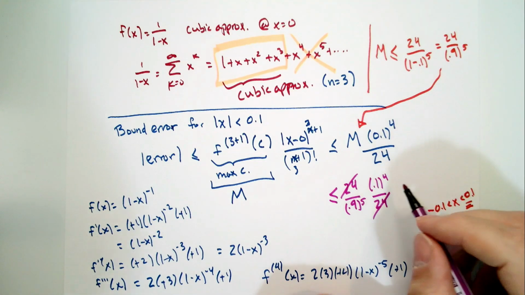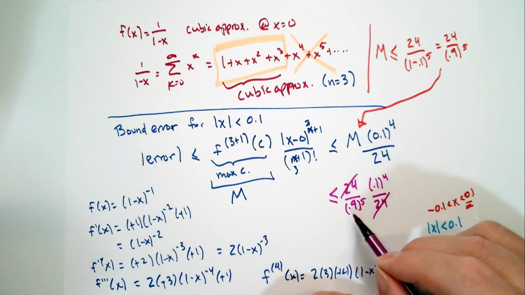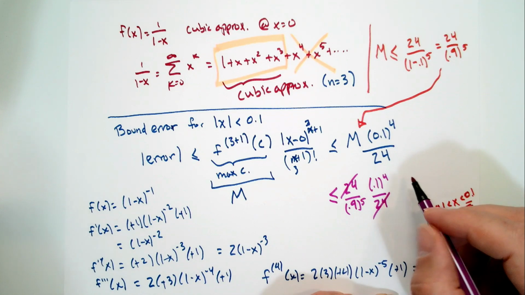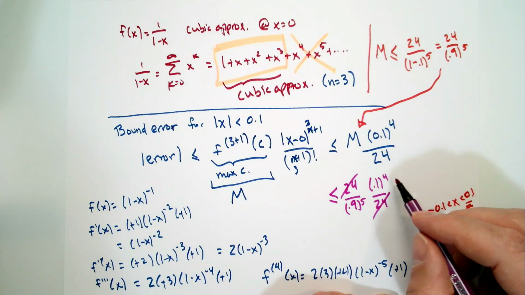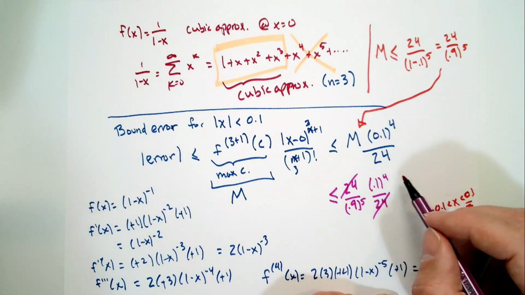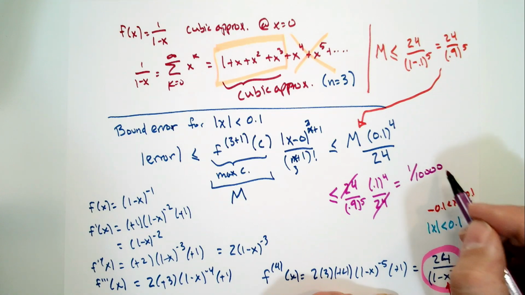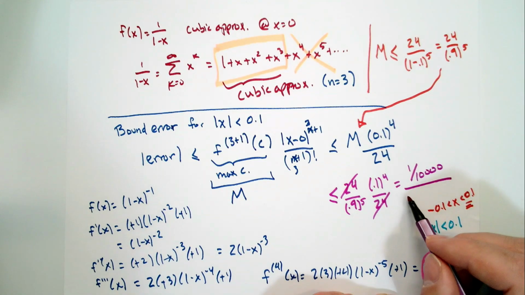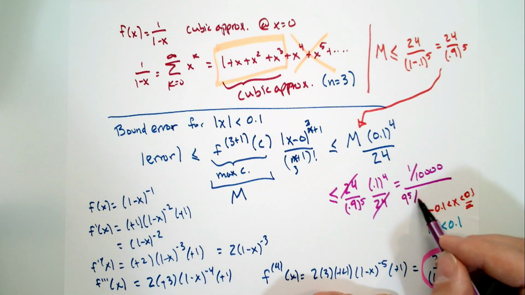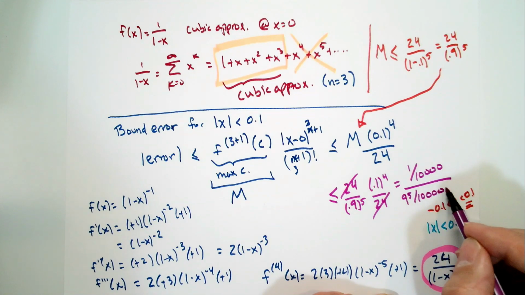And if you work this out, now 0.1 to the fourth, 0.9 to the fifth, really we can play around with this a little bit, but you can think of this as, in the numerator, 1 over 10,000. The denominator, you can think of it as 9 to the fifth over 100,000.